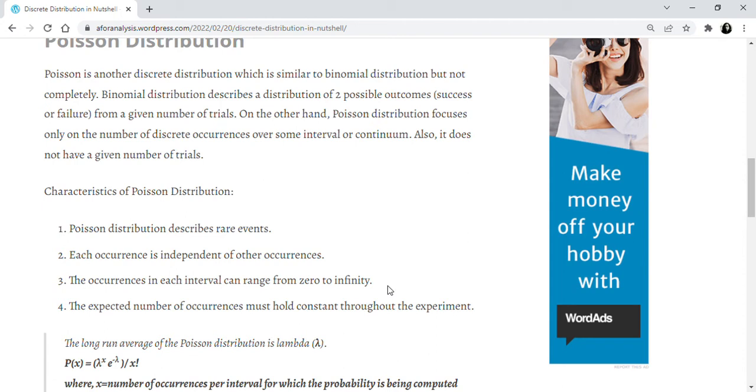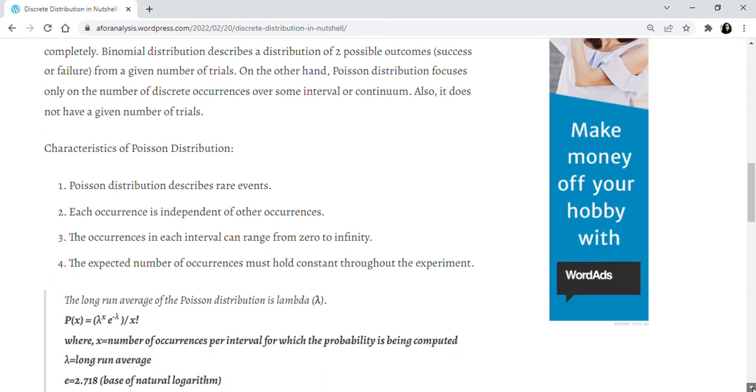So we don't really know the number of occurrences. It can vary from 0 to as high as infinity. Number 4, the expected number of occurrences must hold constant. The expected number of occurrences, this is expected value or mean of occurrences, must hold constant throughout the experiment. Now this looks something special about Poisson distribution.